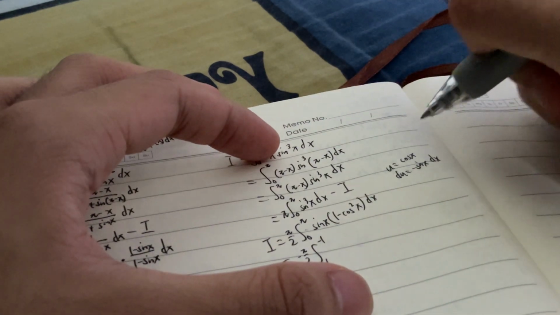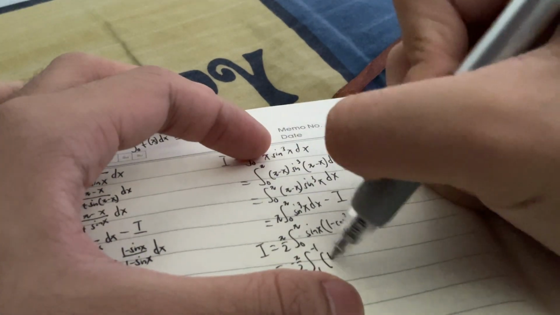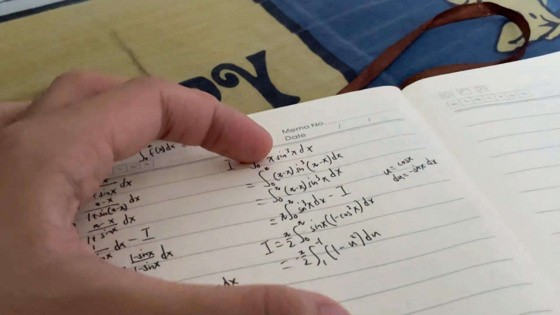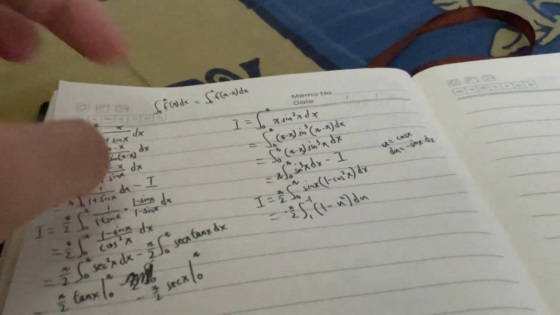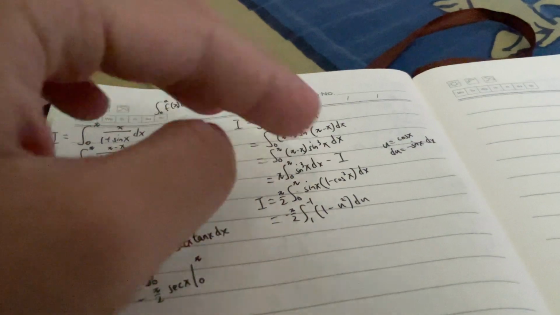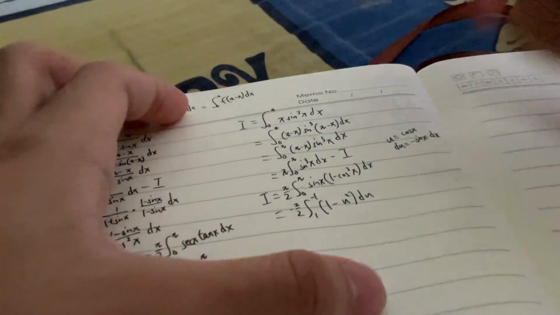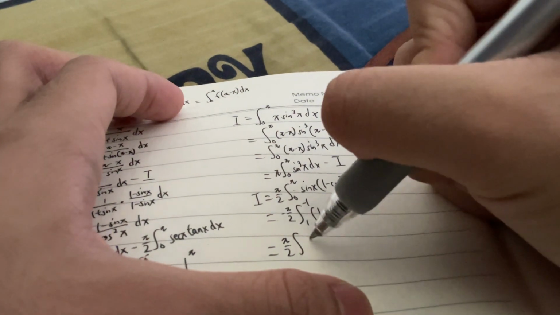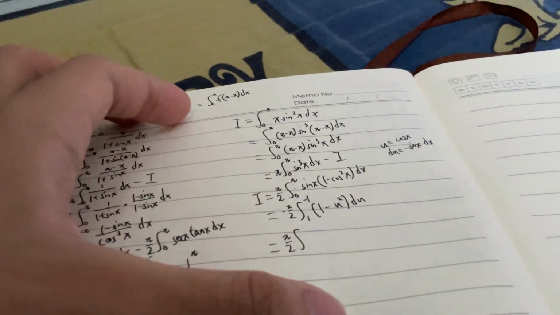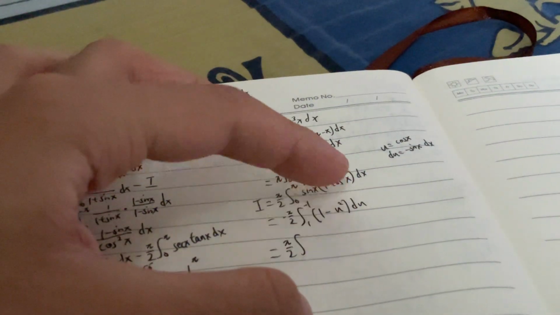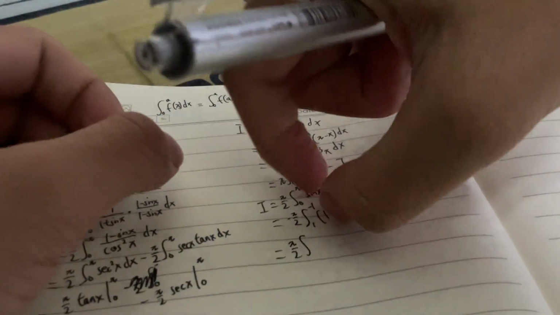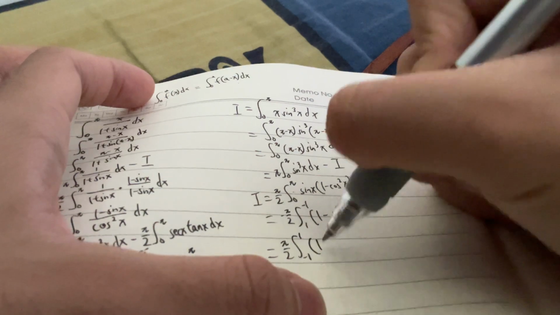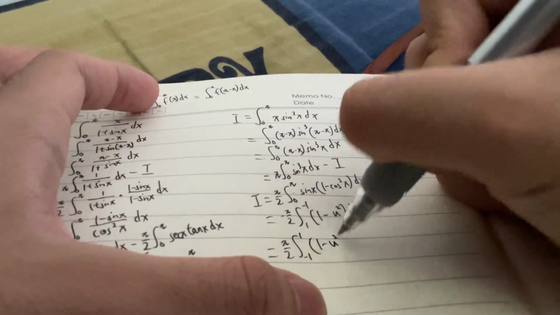And then you pretty much just get 1 minus u squared du. And here's the deal. Thanks to this negative, we can change the limit. Just get pi over 2 times the integral of, we can also just distribute the negative, but I will just change the sign, negative 1 to 1 of this integral.